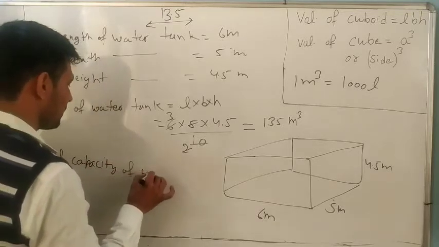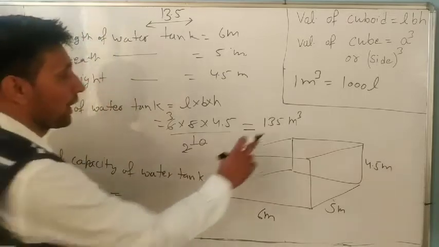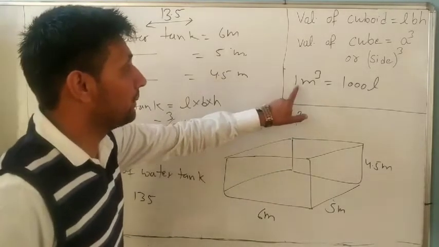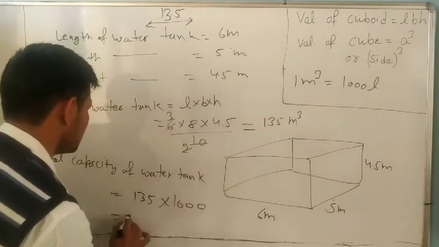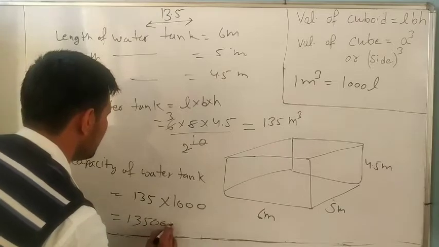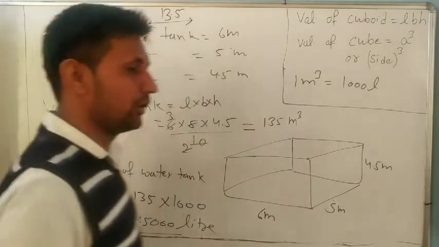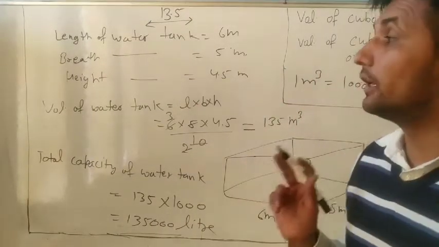The total capacity of the water tank is how much? We know the total volume is 135 meter cube, and 1 meter cube equals 1000 liter, so multiply by 1000. So it is 1,35,000 liter.